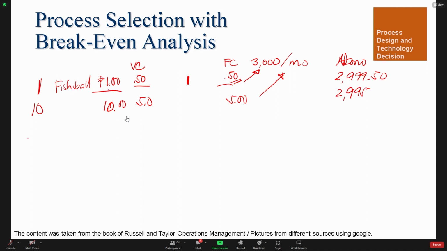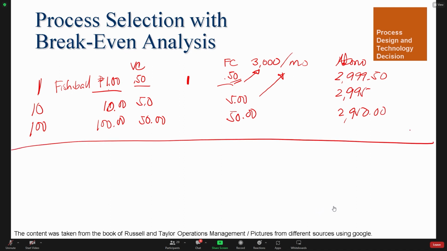Kung nakabenta ako ng 100 fishball, so, sa piso ang isa, meron ako 100 piso. 50 dyan sa puhunan, at yung 50 naman mapupunta sa rent, pambayad. Okay. So, magkano ang abono ko? 2,950 pesos. Yan.